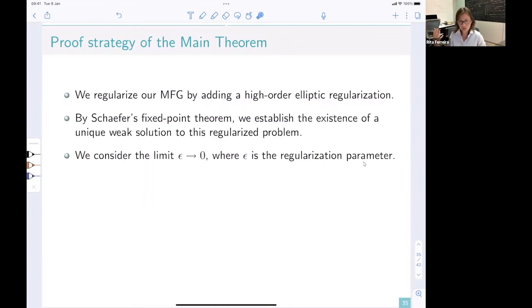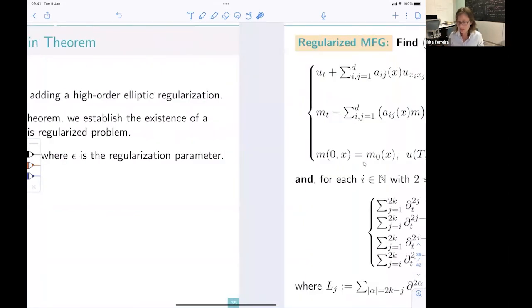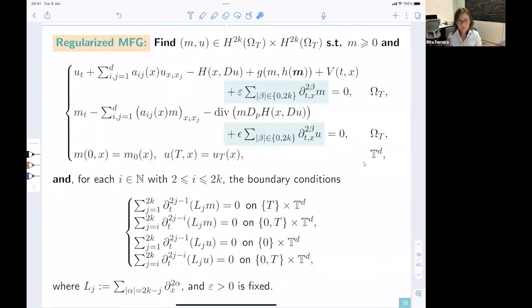Then we want to prove existence of solutions to that regularized problem, and that we do here again using the fixed point theorem. And then finally, the last step is to pass to the limit as epsilon goes to 0 to retrieve a solution to the original problem. So this is always the same strategy. Of course, then the devil lies in the details. How can we make this work?